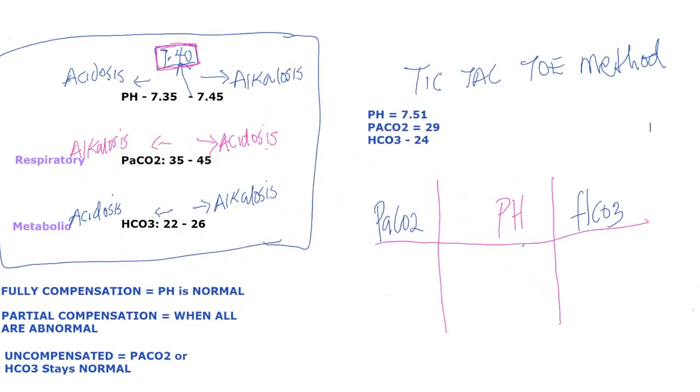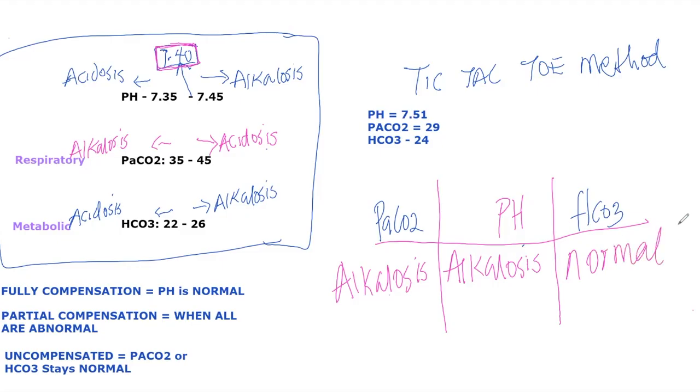All right, another example, we have a pH of 7.51. A pH of 7.51 is what? It is alkalosis. We have an alkalosis situation. And a PaCO2 of 29 is also alkalosis. And the HCO3 of 24 is normal. All right. So what imbalance do we have going on?